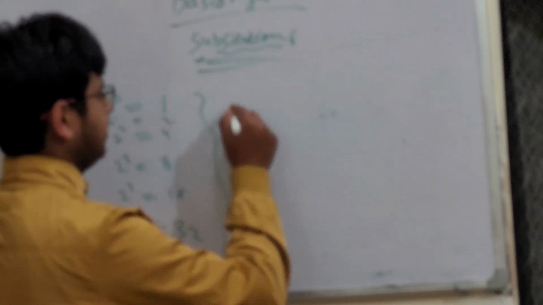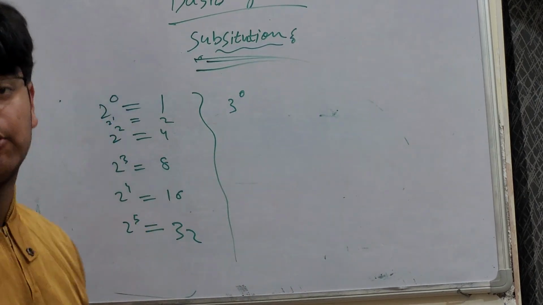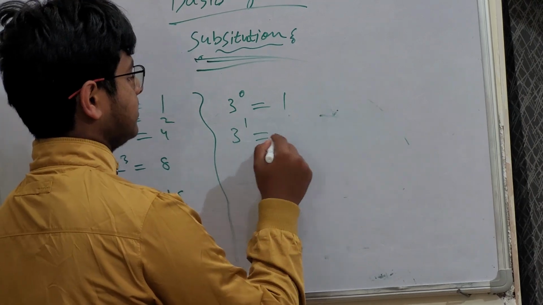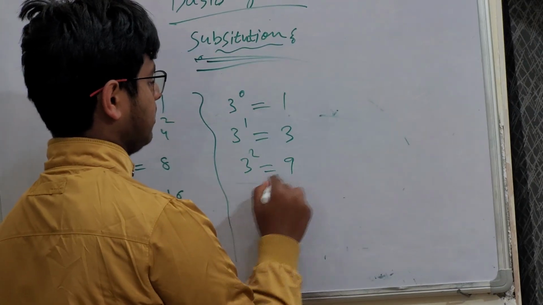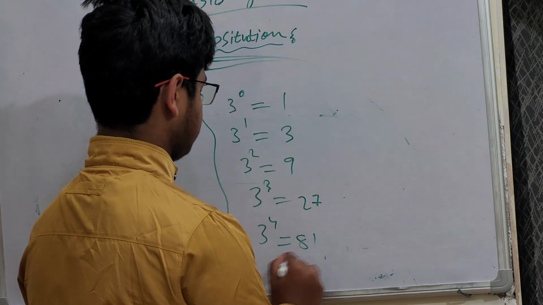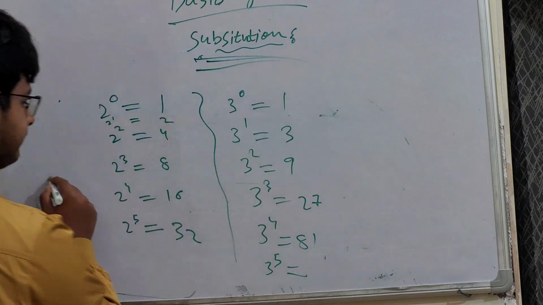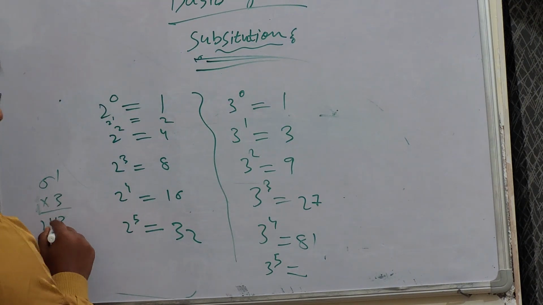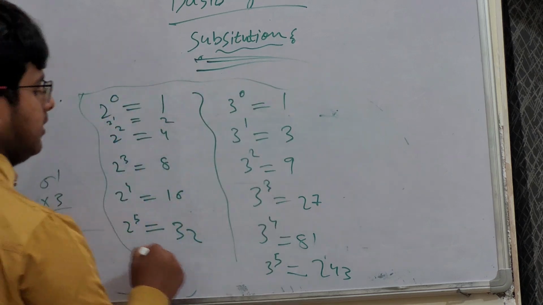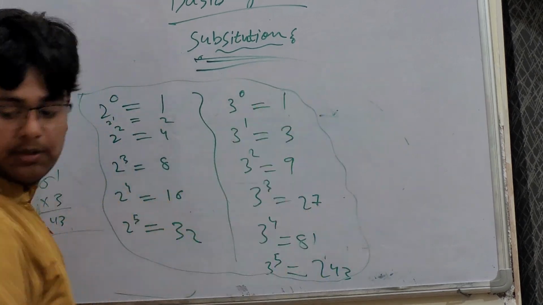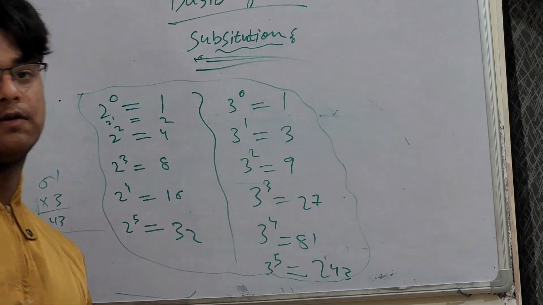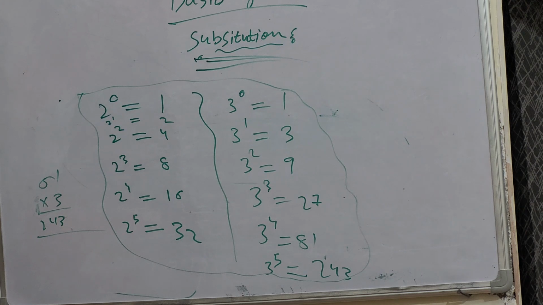In the same way for 3, pause the video and try. 3 to the power 0 is 1, 3 to the power 1 is 3, 3 to the power 2 is 9, 3 cubed is 27, 3 to the 4 is 81. Try to memorize these till 3 to get better results. If you memorize till 3, it will be easy for you to substitute in questions.